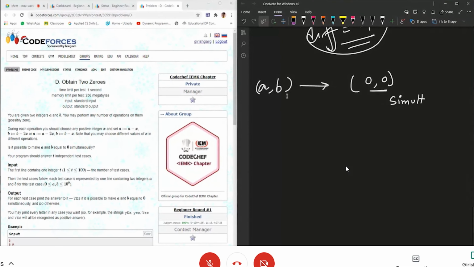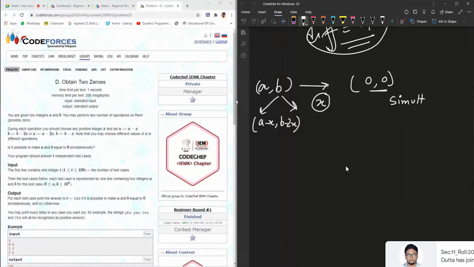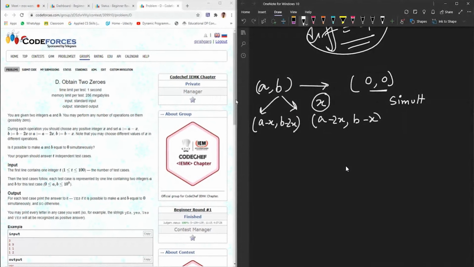And how are you going to convert A comma B to 0, 0? You have to choose a particular integer x, and then you will either convert A comma B to A minus x comma B minus 2x, or you can do A minus 2x comma B minus x, and at every operation you can change the value of x.